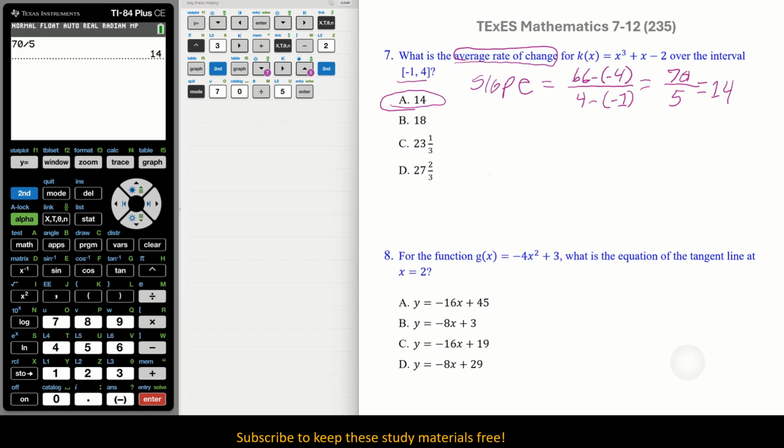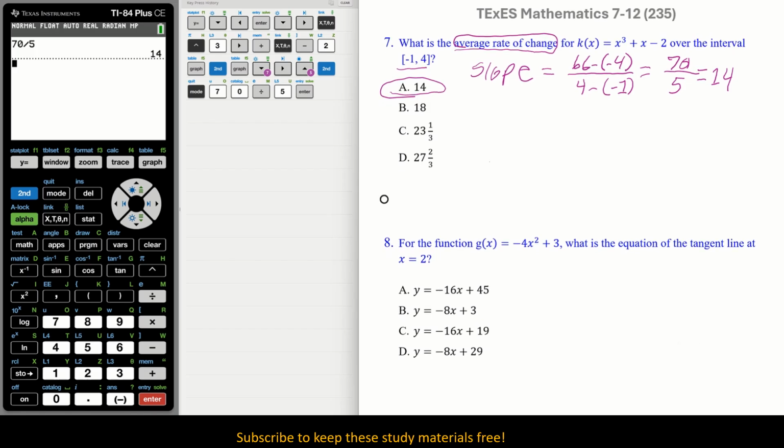Okay, number 9. For the function g of x equals minus 4x squared plus 3, what is the equation of the tangent line at x equals 2? Okay, so for this one, what we need is to use the first derivative to find our slope at the value of 2, okay?